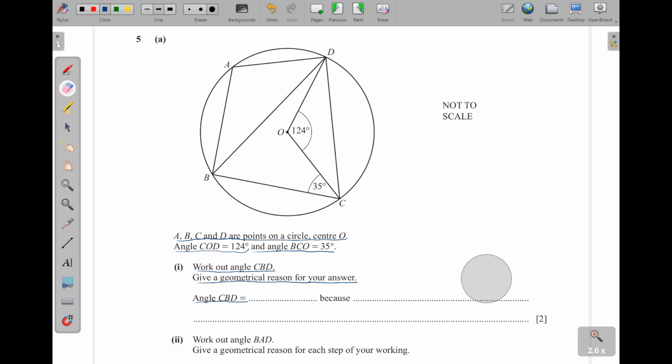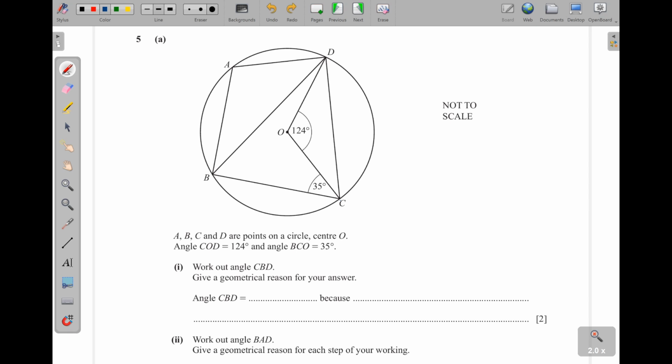Okay, now let's check this one here. If this one here is 124, we are looking for angle CBD. So this is the angle here. Now, you can see that this is angle at the center and this is angle at the circumference. So what do you think CBD is? A half of 124.